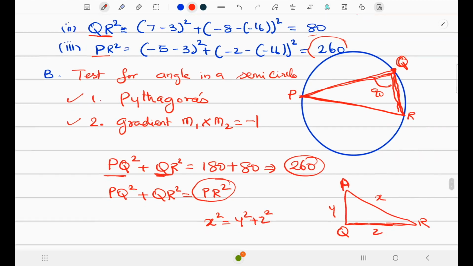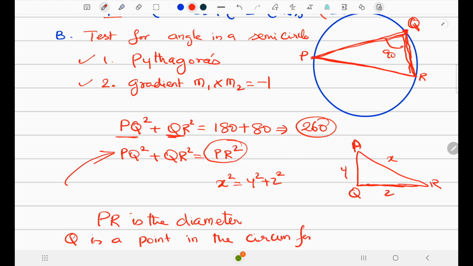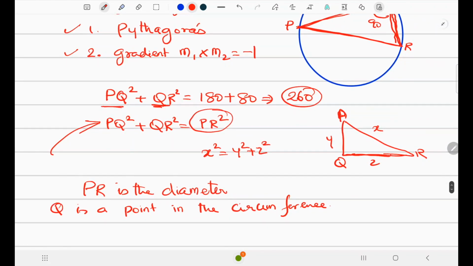From the above equation we can say that PR is the diameter and Q is a point on the circumference. Since PQ square and QR square equal PR square, that is 180 plus 80 equals 260.